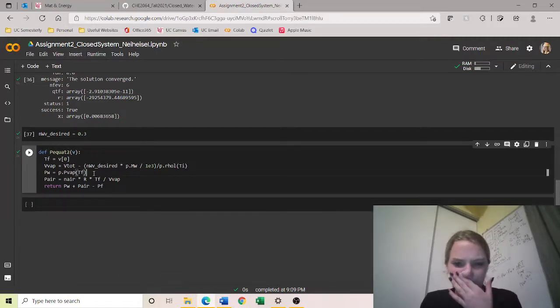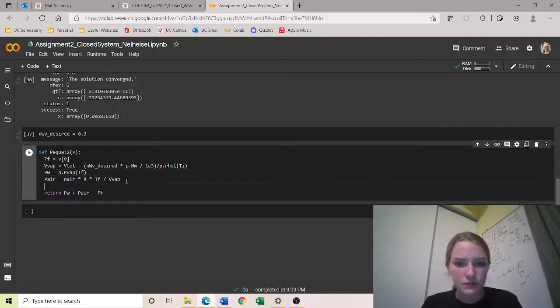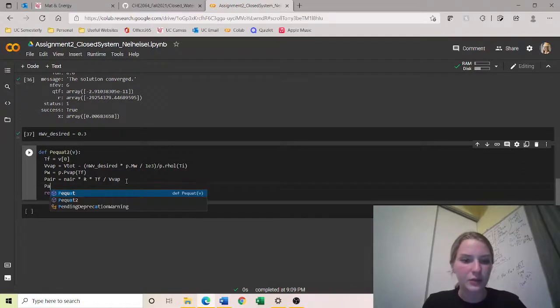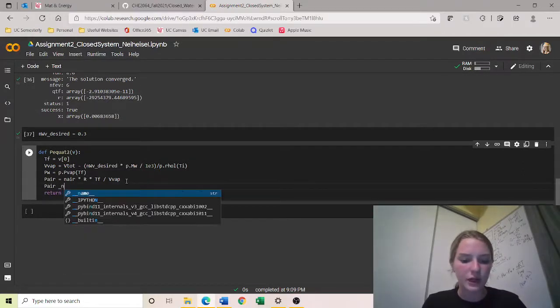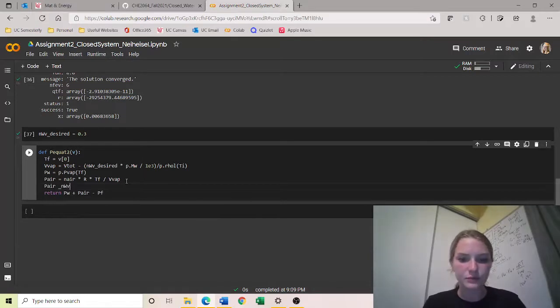Oh, nope, we need to go back in and we need to add down here a P air underscore NWV is equal to the partial pressure of water times the V of the vapor divided by R times the final temperature.